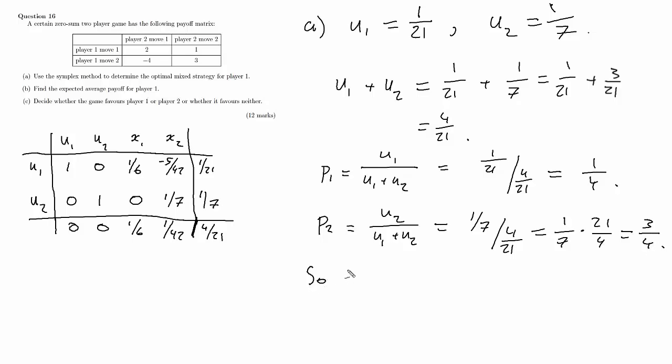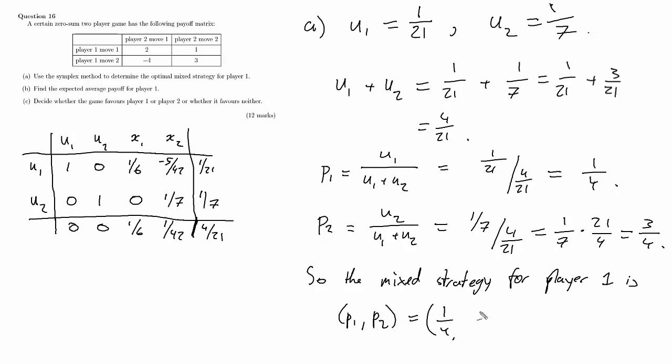So we conclude, the mixed strategy for player 1 is P1, P2 equals 1 on 4, 3 on 4.